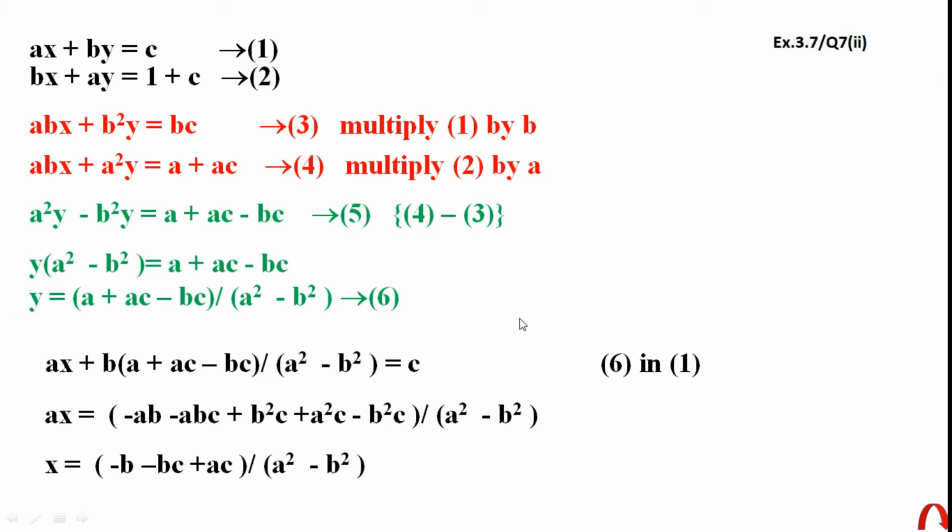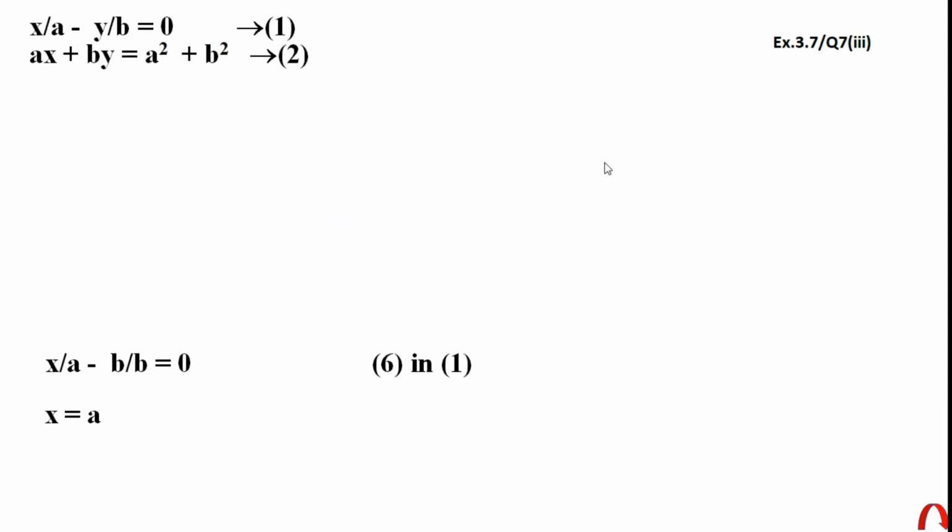So let's look at another example here. Now, this doesn't seem to be as if the coefficients have been swapped. But let us first modify equation number 1 by taking an LCM.